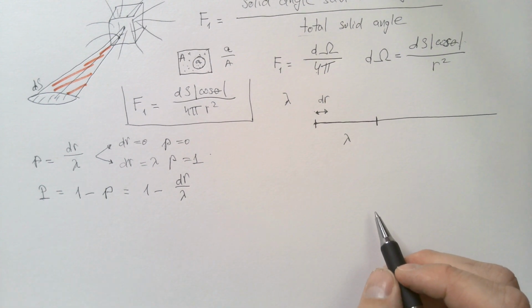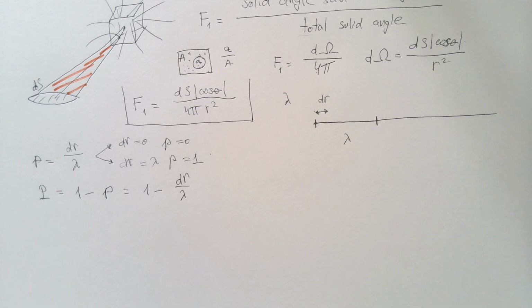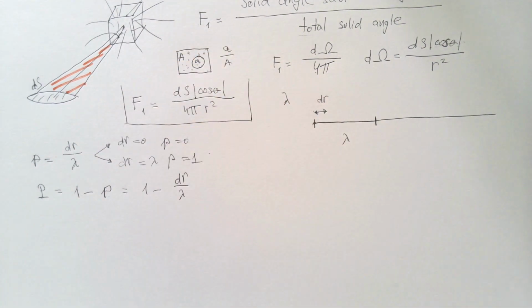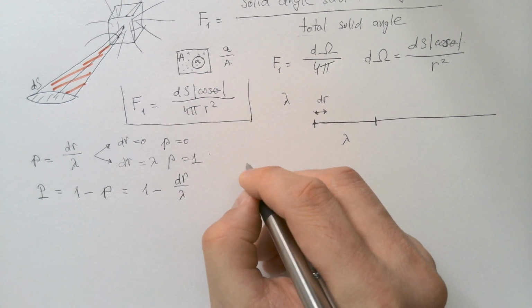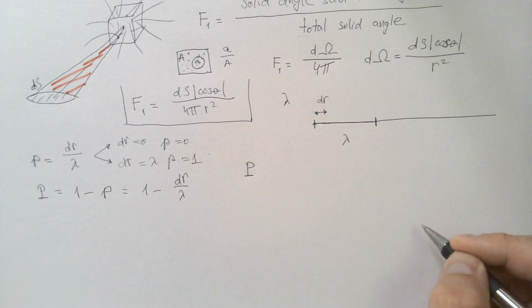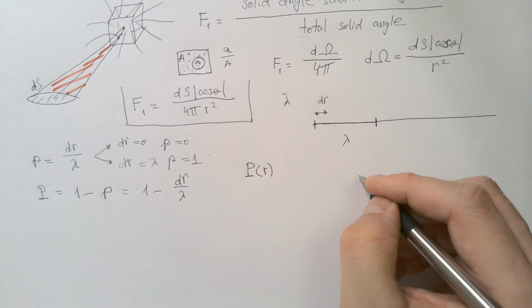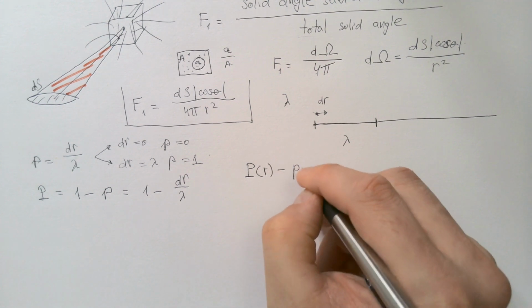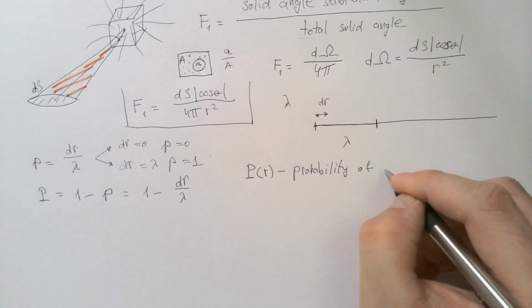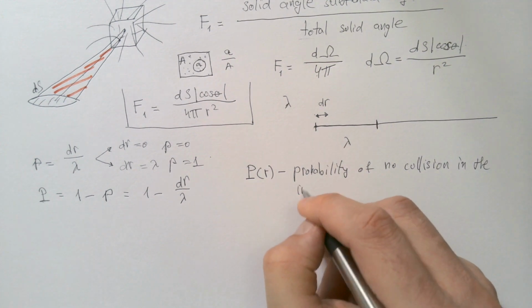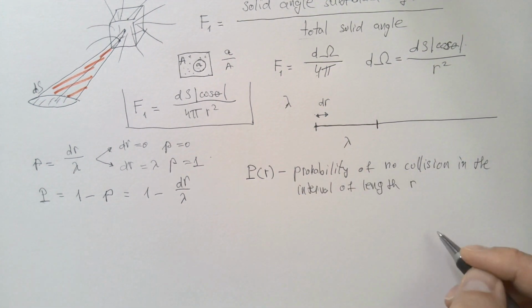So how do we now combine an interval of arbitrary length r, which we had here, and dr? Well, let capital P of r be the probability of no collision in the interval of length r.